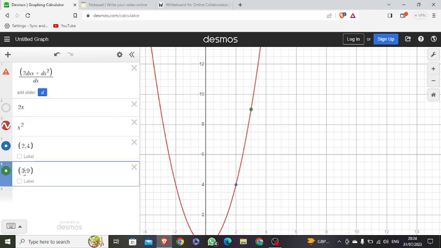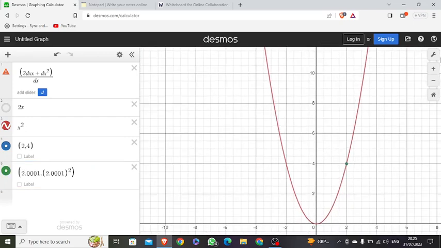Now what you need to do is zoom in perfectly. Let's take 2.0001, and so on. As you can see, it's ridiculously small.